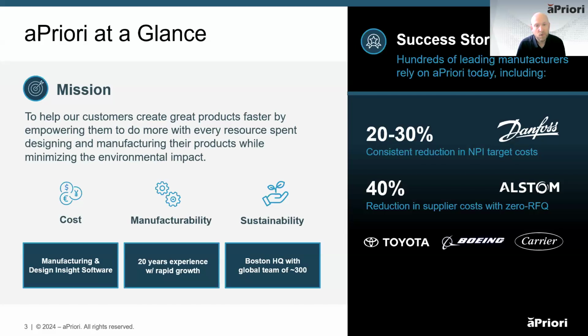Alstom's story is more around their sourcing, and they implemented their own 0 RFQ process using A Priori with their suppliers to really accelerate the whole sourcing process. So real nice successes from those and many more on our website.